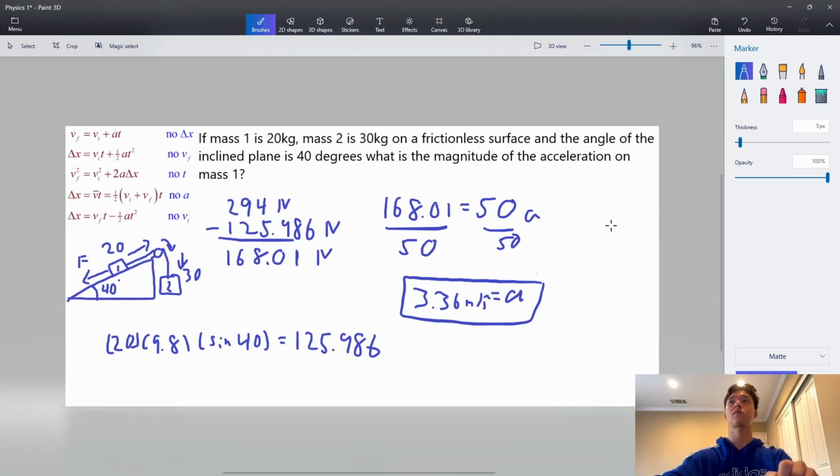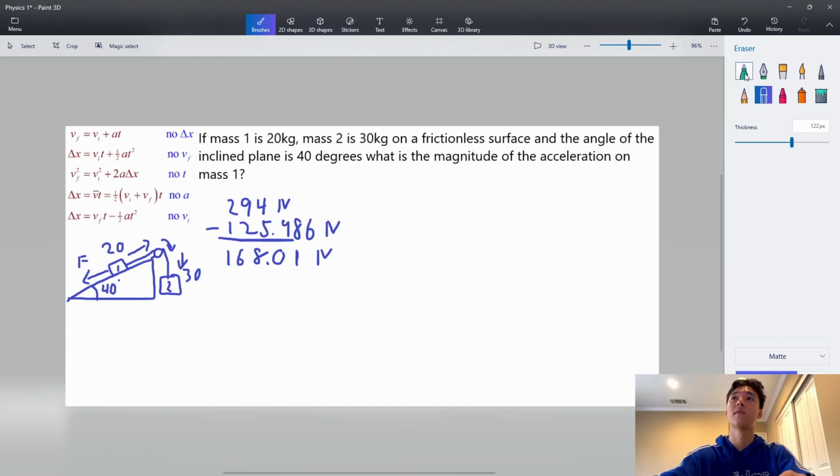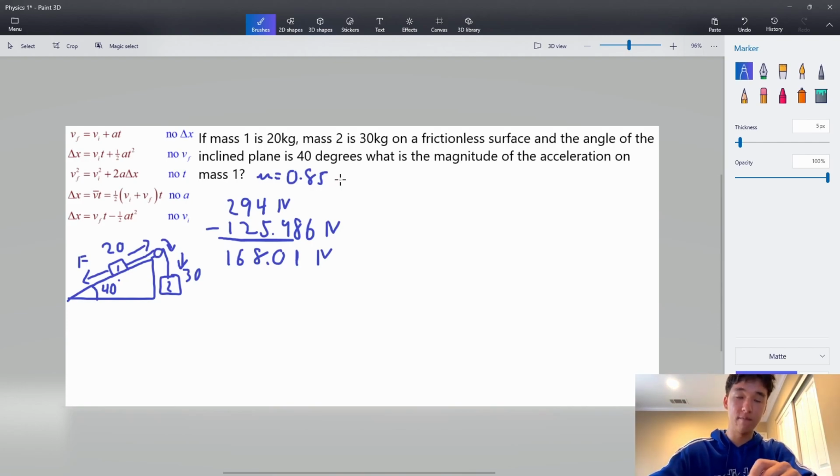Now, what if this problem had friction? So let's say that mu is equal to 0.85. So if mu is equal to 0.85, basically what's happening in this problem is this 30 is 294 newtons, right?